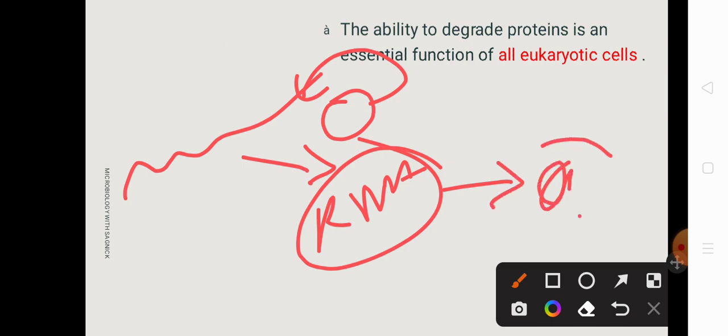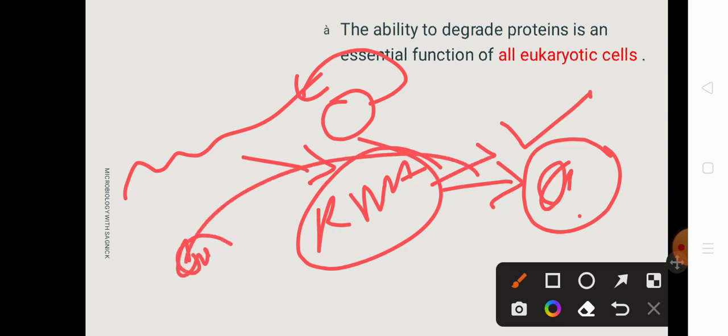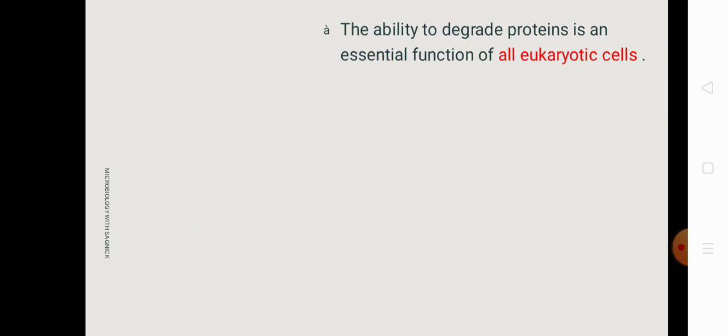That ultimately leads to generation of a protein which may be non-functional or may carry out some function which may be harmful for our cell, right? So what we can do now is degrade that particular protein, and for this type of thing, protein degradation is very important.